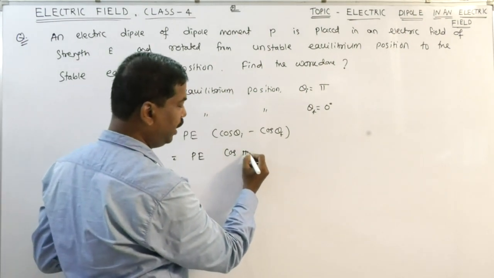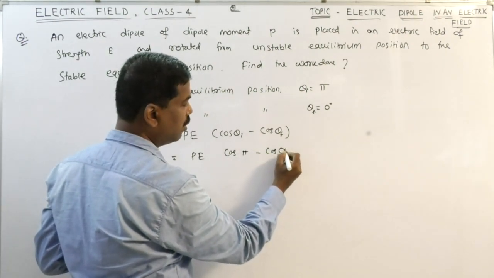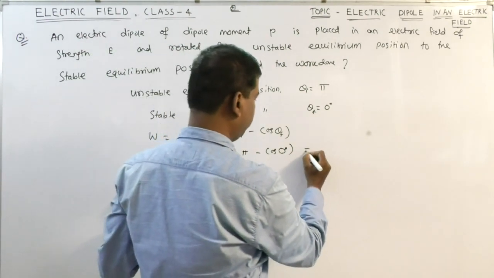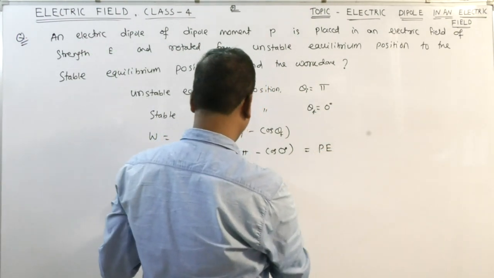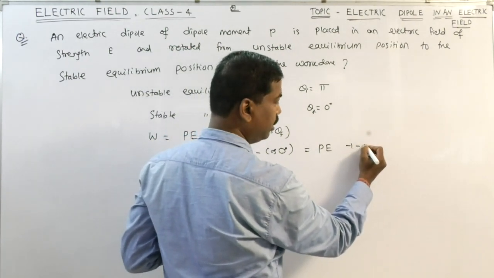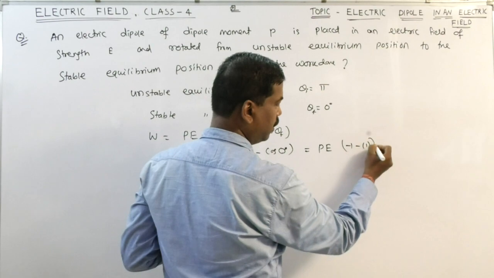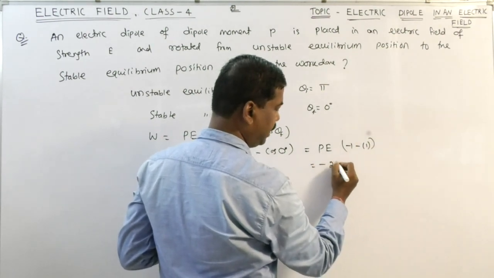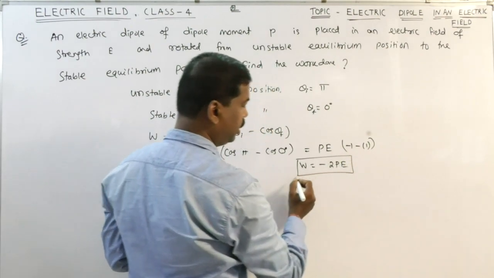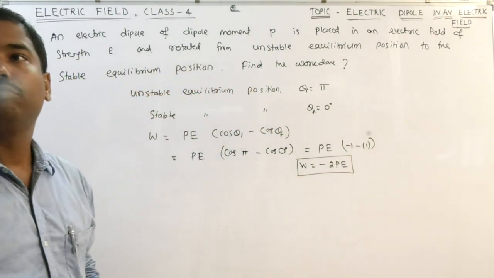So cos pi minus cos 0 degree. Cos pi is minus 1, minus 1, so the answer is minus 2PE. How much work is done? The answer is minus 2PE. Clear?